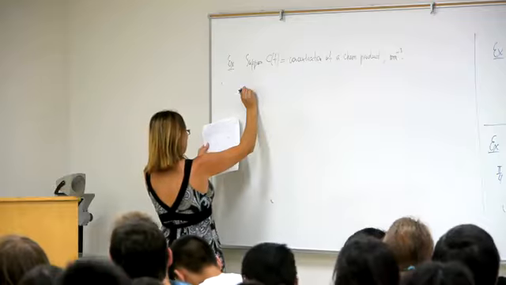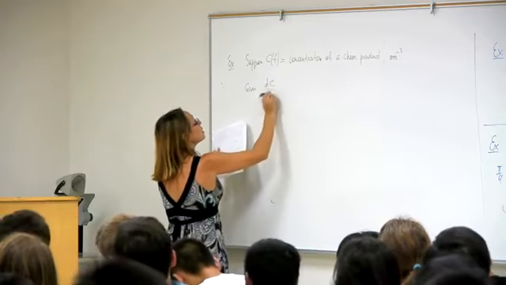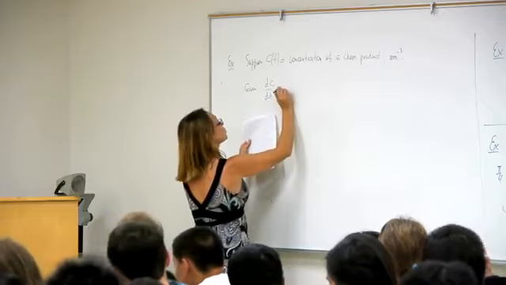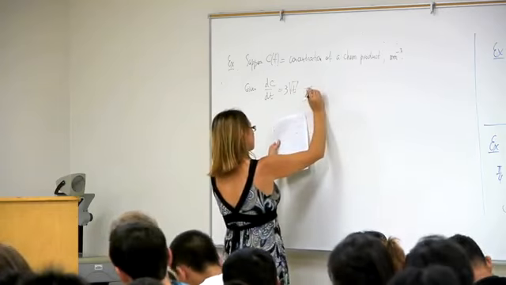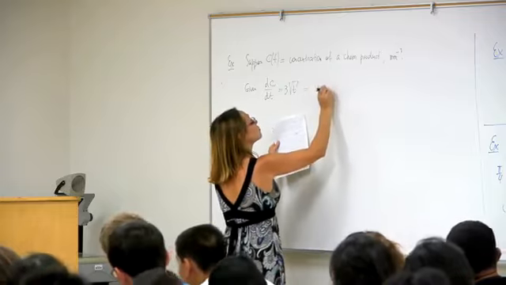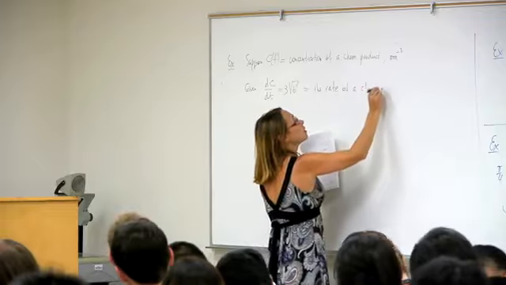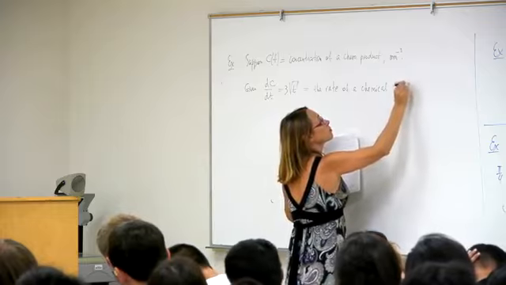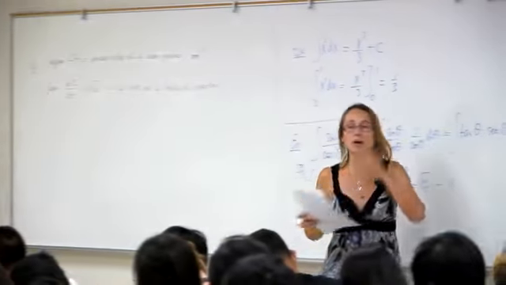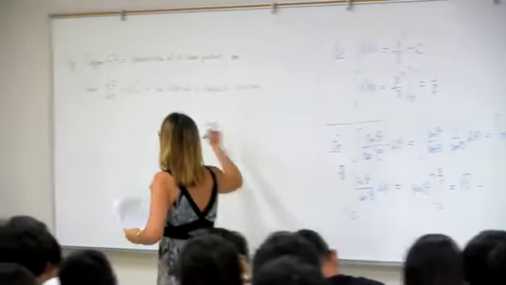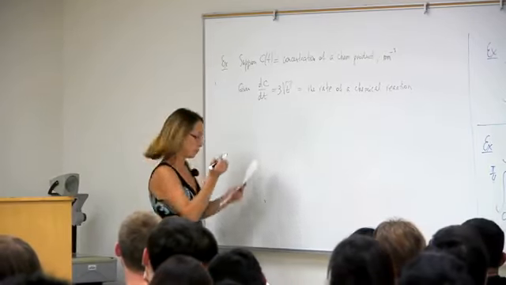So, given dC/dt, for instance, 3 square root of t, this is the rate of change. The rate of a chemical reaction that influences the concentration of this product. Okay? Somehow, as a result of this reaction, the amount of C increases in time according to this rate.